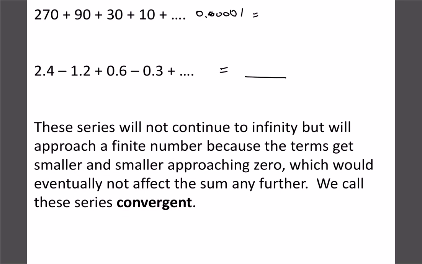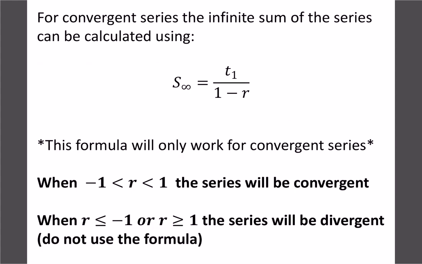So for both of these, we would get a final answer. Because they get closer and closer to 0, we will get a final answer, and we call these ones convergent. So convergent is get smaller, and that's the good ones. Divergent, they get bigger, which means they're not going to work.